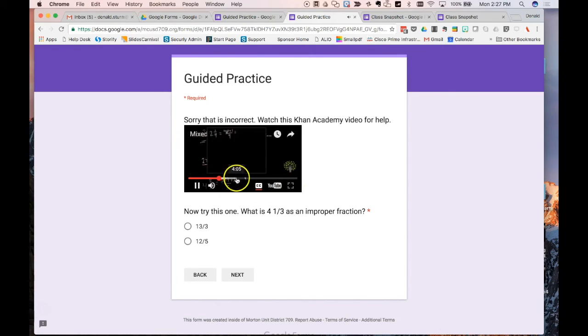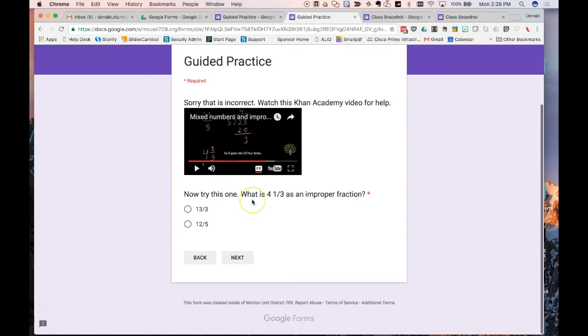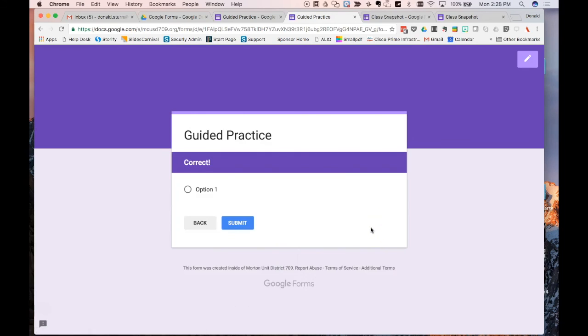So now you give students that guided practice on what an improper fraction is, so that then they can, in this case, now try this one. What's 4 1/3 as an improper fraction? So if I say, well, it's 13/3, and then I do next, now I got it correct.